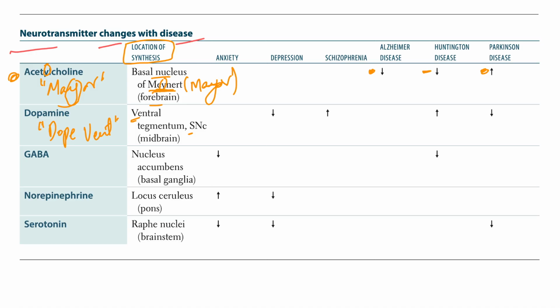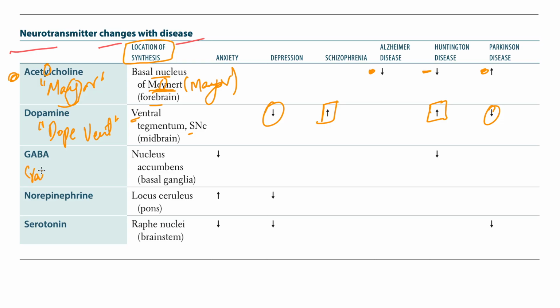Okay, so this is dope went for ventral tegmentum. It is decreased in depression and Parkinsonism and increased in schizophrenia and Huntington.